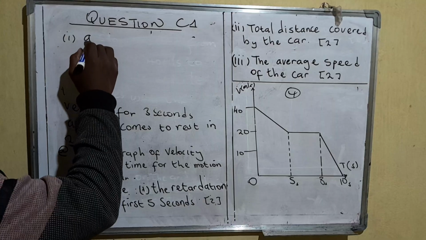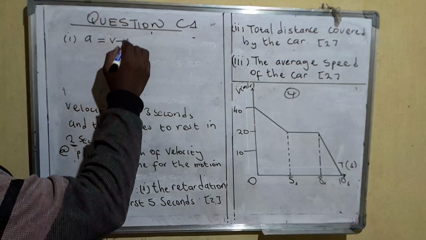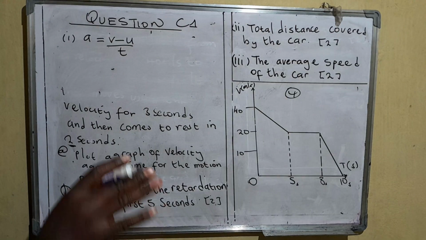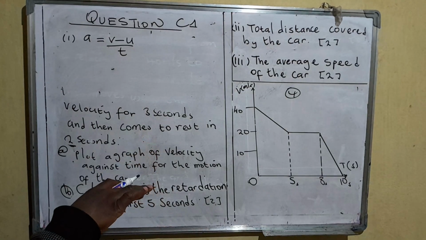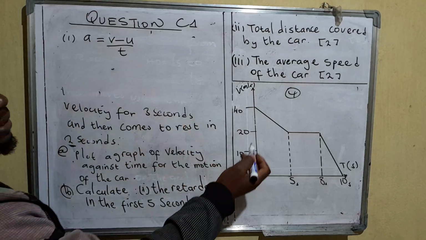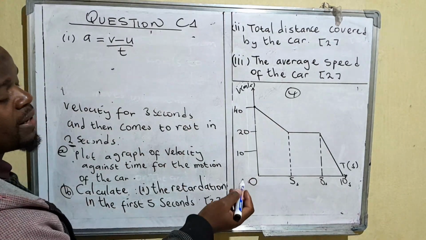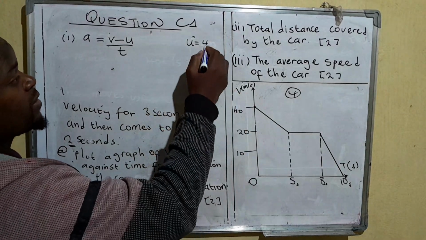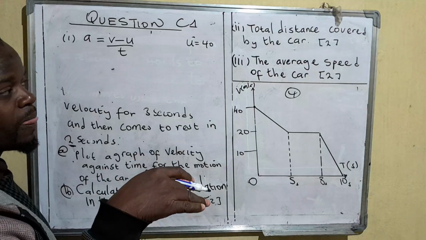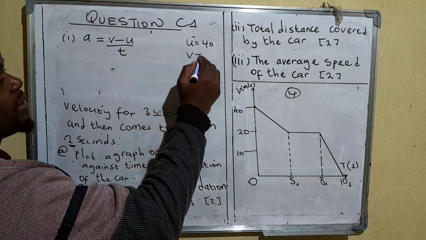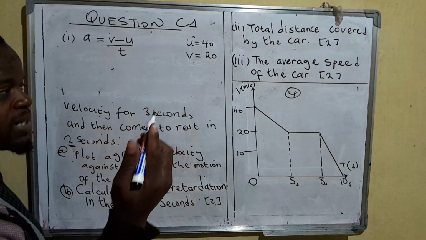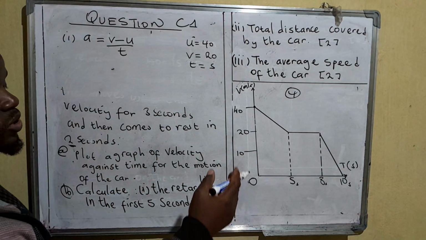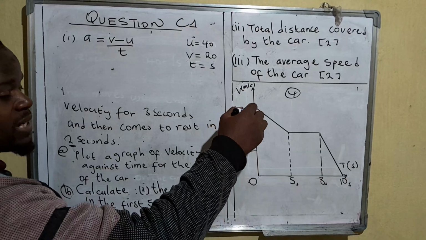Acceleration is given by final velocity minus initial velocity over time. Now, we are referring to the first part of the journey. Within the first 5 seconds, the car was moving from the initial velocity of 40, and then the final velocity was 20. Time was 5. It took 5 seconds to retard from 40 to 20.